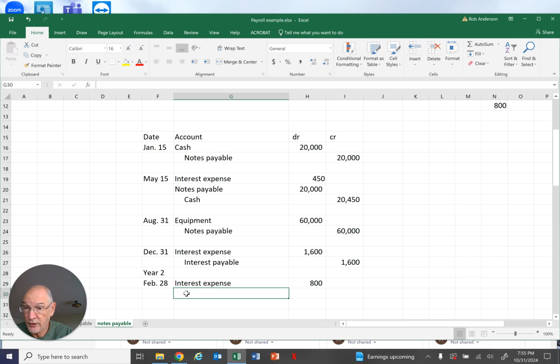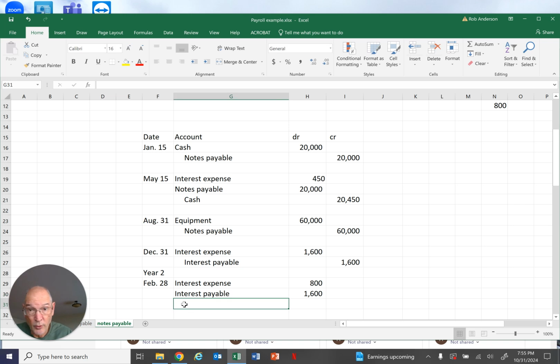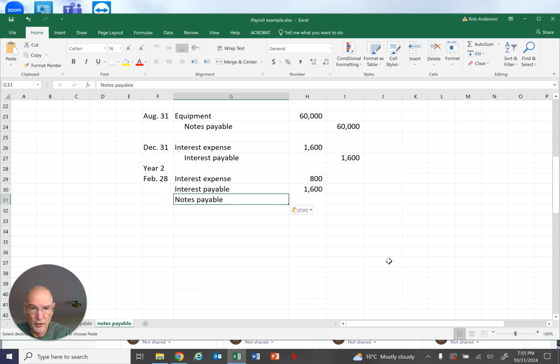It's sitting there in your current liabilities, and we need to pay off the previous interest payable. So let's do that. Here's our interest payable, and that was $1,600. We're also paying off our note. So let's pay off our note, and the note was 60,000.